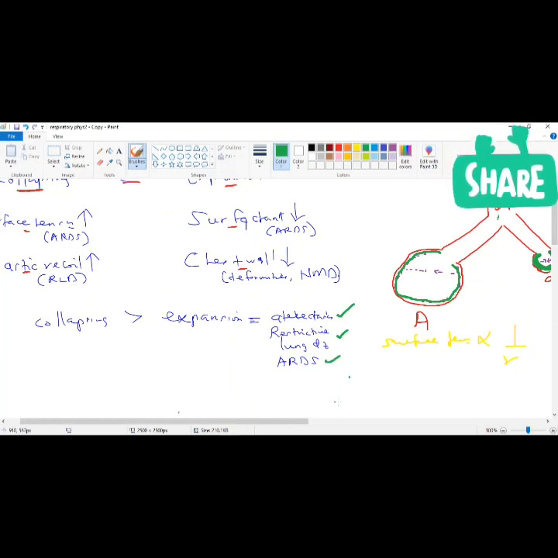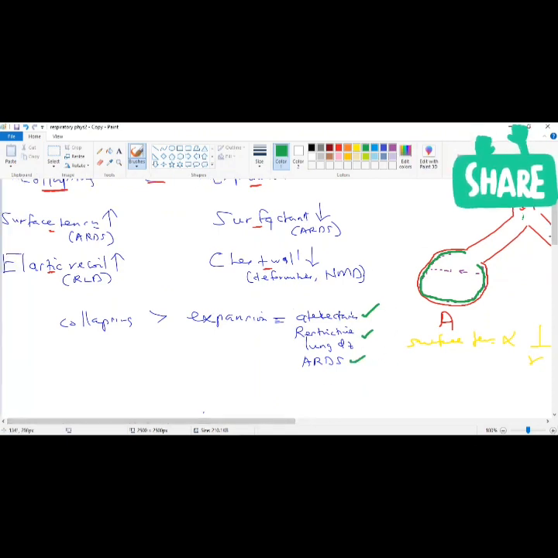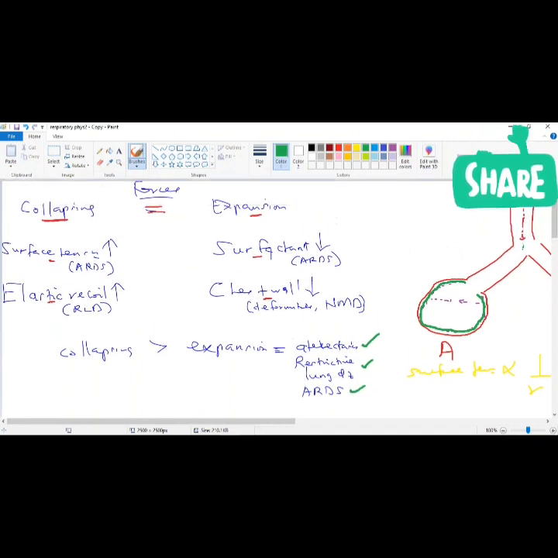Their problem is what? Increased collapsing forces or lower expanding forces. For example, surface tension will be high in ARDS. Elastic recoil will be increased in pulmonary fibrosis, so that will increase collapsing forces. In ARDS, surfactant will be low, which also increases collapsing forces.